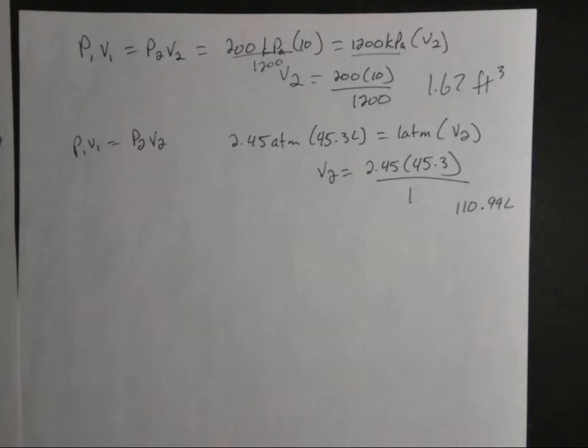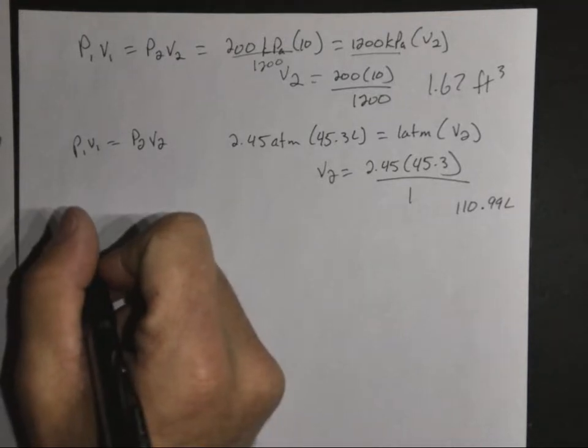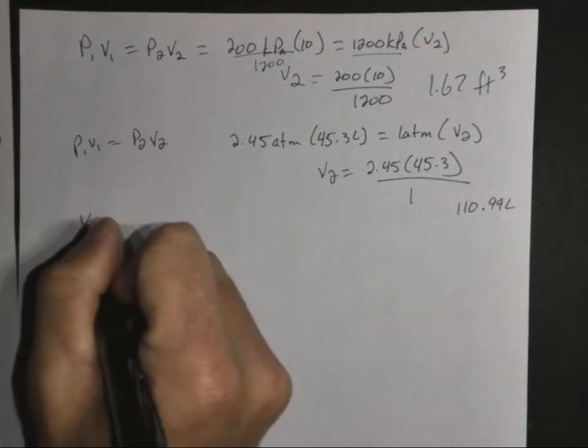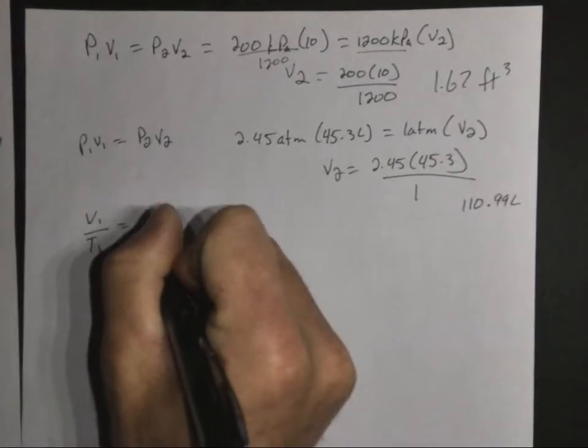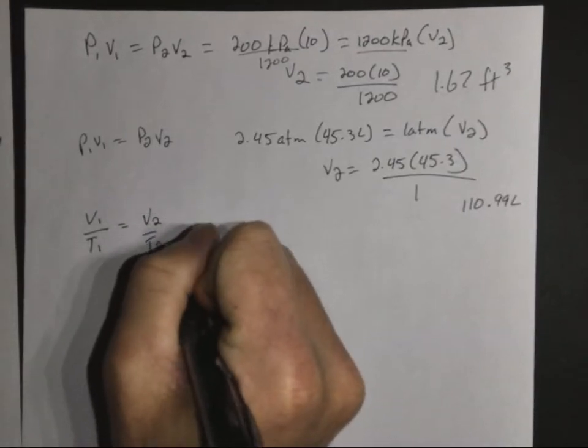Problem 5. If a gas occupies 45.8 liters at 250 Kelvin, what will the temperature be when the volume is 14.2 liters? Okay, so this one we've got volume over temperature equals the second volume over the second temperature.